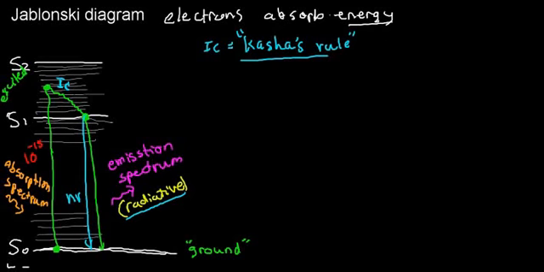And the internal conversion also happens very, very rapidly, 10 to the negative 13. And just to make it obvious, I'm talking about seconds here, 10 to the negative 15 and 10 to the negative 13 seconds. And we can have fluorescence, we're talking about radiative fluorescence relaxation, at around 10 to the negative 9 seconds, just around there.